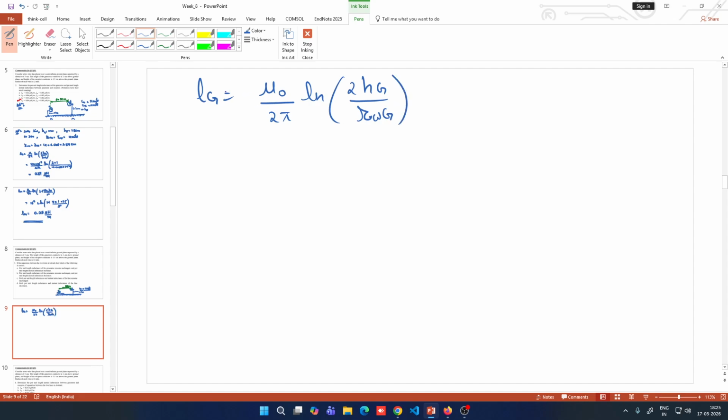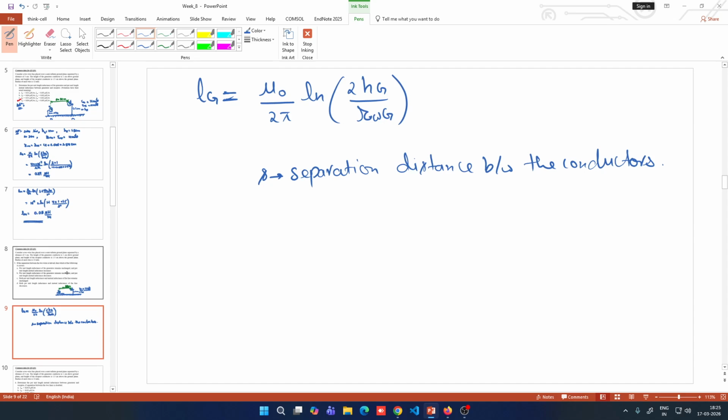So if we see this formula itself, there is no relation with s, which is the separation distance between the conductors.